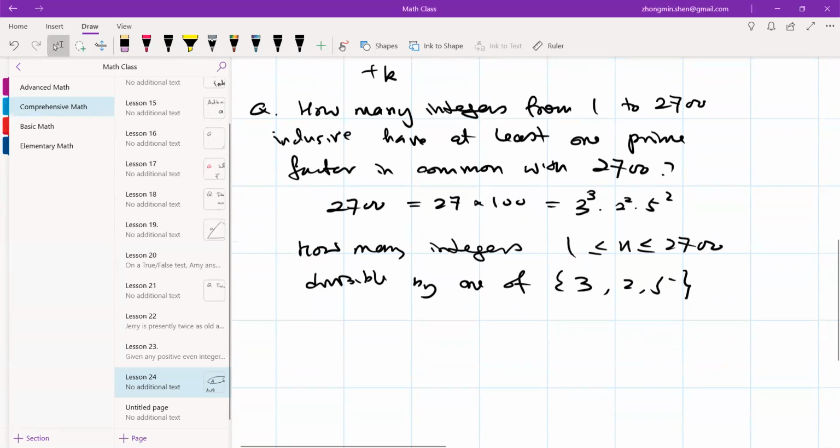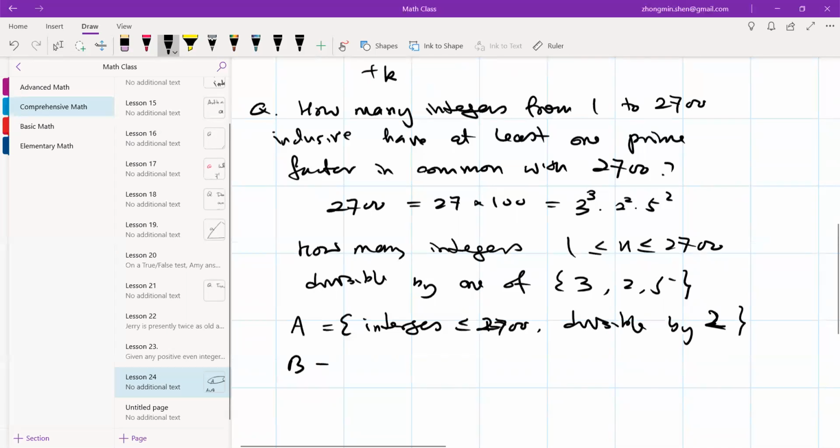do that directly. So the idea is that I'm going to consider those integers less than 2,700 divisible by 2. Okay? And I let B to be this divisible by 3. Okay?